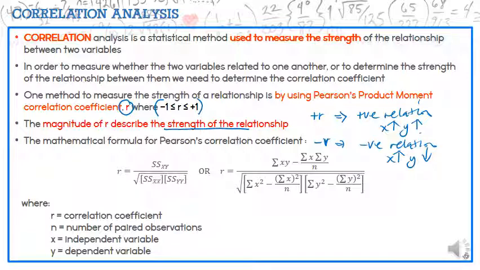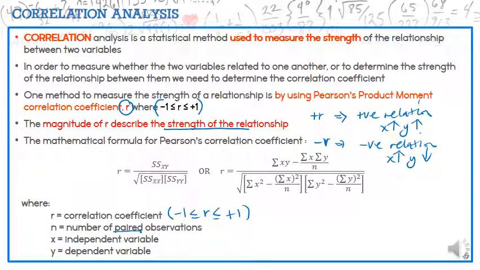So the mathematical formula for the Pearson correlation coefficient is given, where you should know that R is the correlation coefficient, which shouldn't be less than -1 and shouldn't be more than +1. N is the number of paired observations.